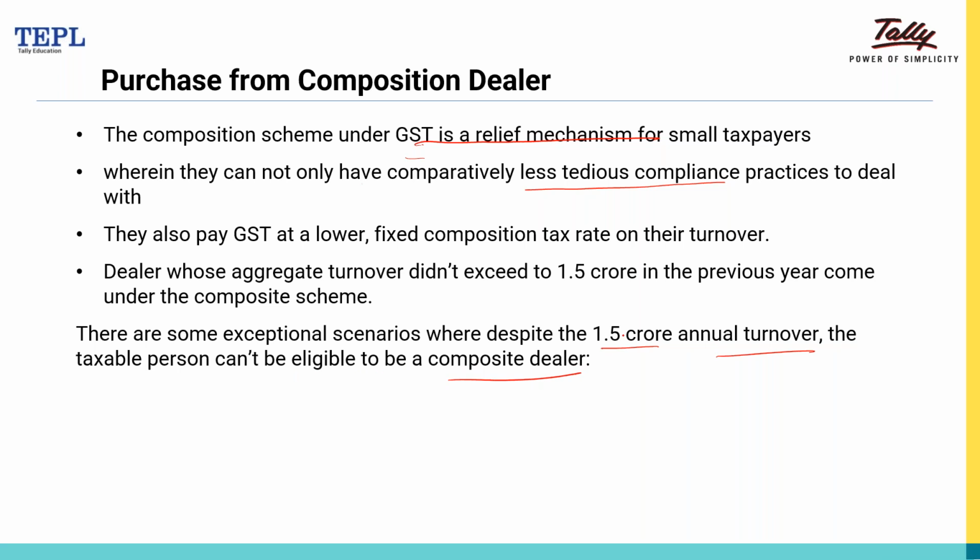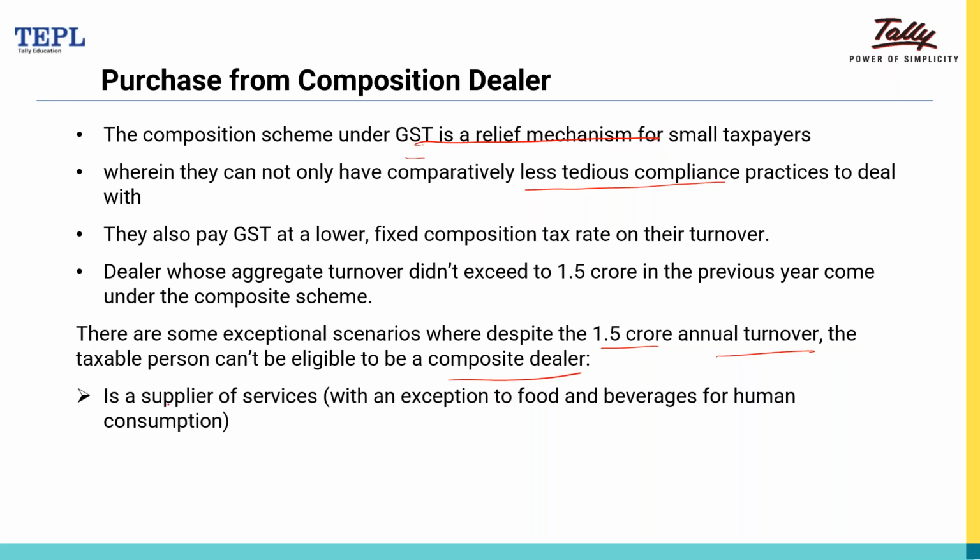In some scenarios, even if your turnover is 10 lakh, 15 lakh, 60 lakhs or 1 crore, you cannot go for the composition scheme. In that case, you need to select regular dealer.